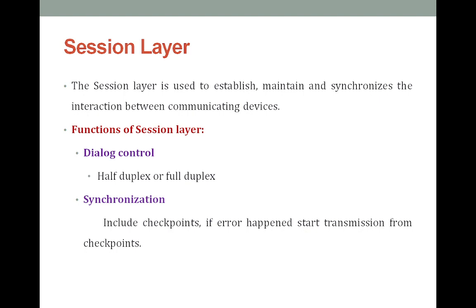As we have already discussed, synchronization also includes checkpoints. What is the purpose of checkpoints? Between the sender and receiver, we can fix a number of checkpoints. So instead of verifying at the end that your data is successfully received by the receiver, at the middle level itself we can check whether the data has been received as we sent it from the sender.